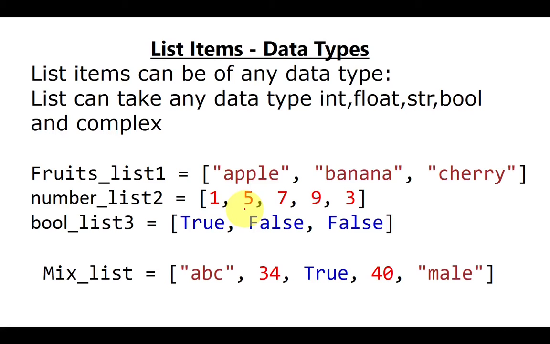List items, data type. List items can be of any data type. A list can take any data type: int, float, string, boolean, and complex. Complex numbers are numbers that have a letter and a number along with them.